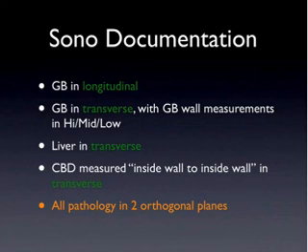And then finally, you'll measure the CBD in transverse from inside wall to inside wall. And of course, identifying pathology in 2 orthogonal planes. My last plug is to do a slow methodical scan, including videos of all of these structures as discussed.